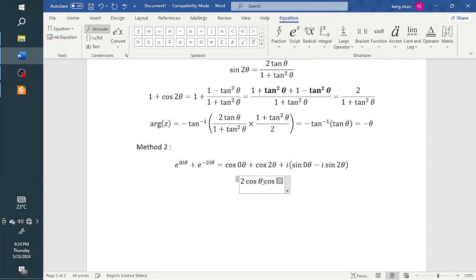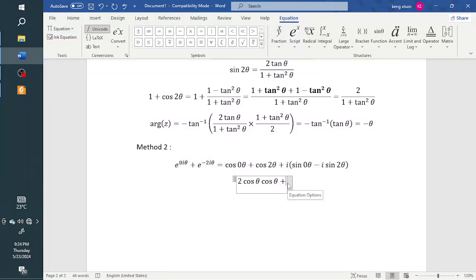Now cos again of (A minus B) on 2. 0 theta minus 2 theta is negative 2 theta, divided by 2 is negative theta. But since cosine is an even function, we can remove the negative sign and just write theta without any problem. So if I add these, I just get 2 cos theta times cos theta, which is 2 cos squared theta.